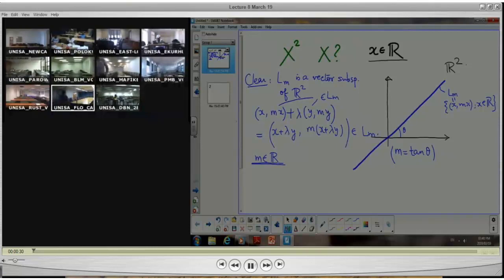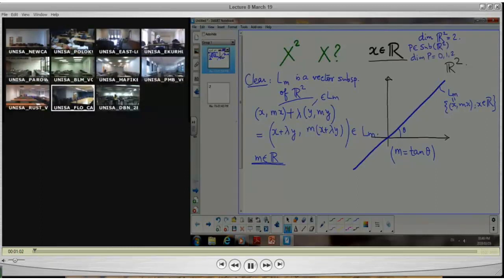Since the dimension of R^2 is 2, if you have a subspace, then its dimension can be 0, 1 or 2.